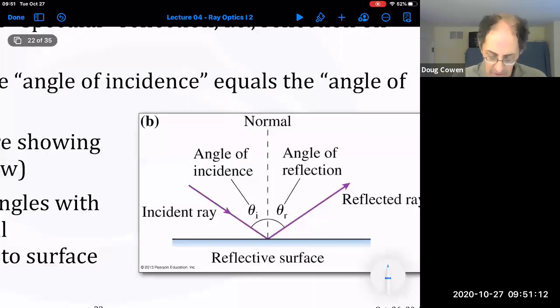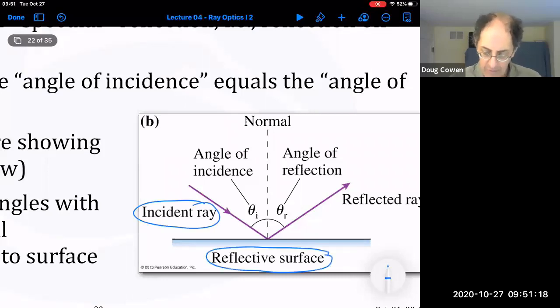So there's an incident ray coming in from the left. It bounces off this reflective surface. It comes in at an angle theta_i with respect to the normal. And the normal is another way of saying perpendicular, and that's indicated with the dashed line. That dashed line is perpendicular to this reflective surface.